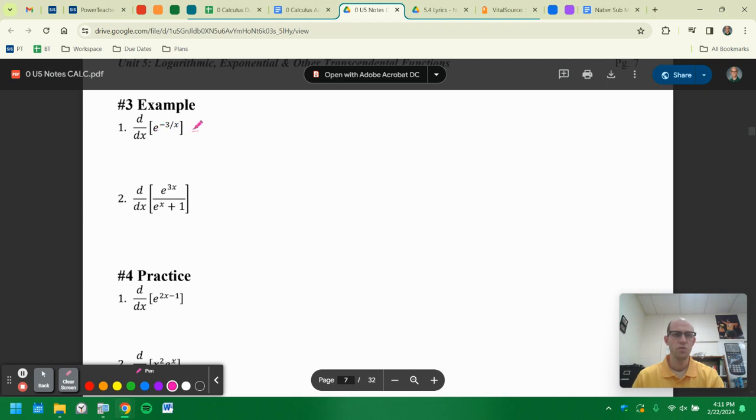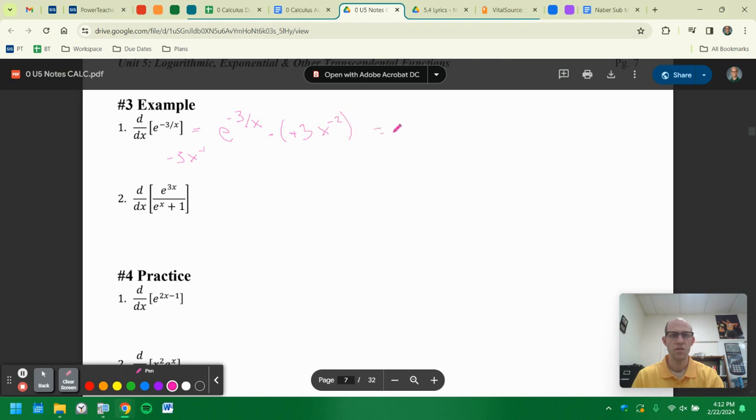So the derivative would be the function, and now I need to do the derivative of this exponent, negative 3 times x to the negative 1. We drop down the negative 1, so that becomes a positive 3, and that would be x to the negative 2.